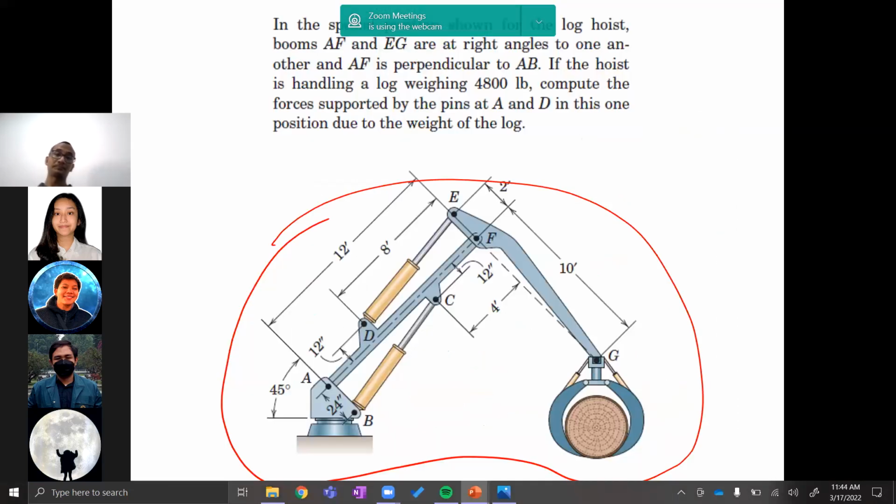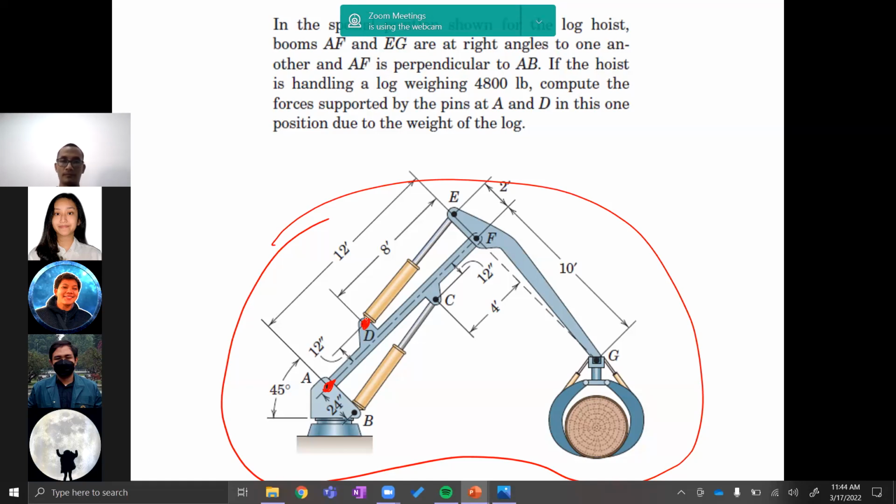Okay, in order to solve this, as usual, the one in question is force at pin A and force at pin D. Okay, that is the one in question.